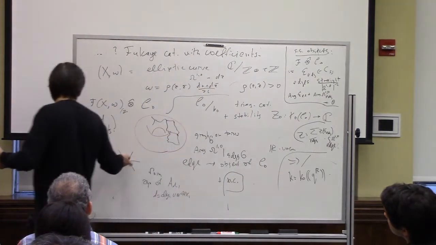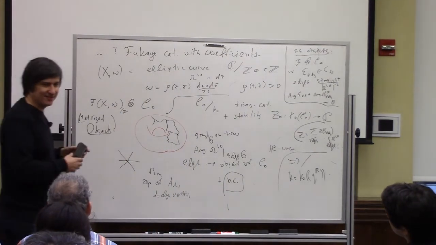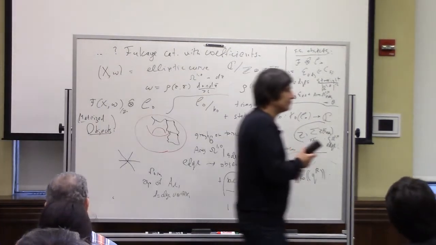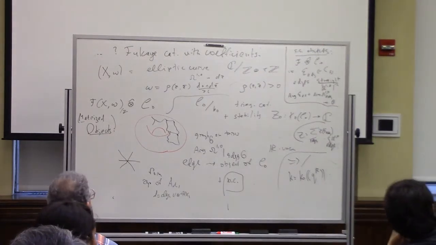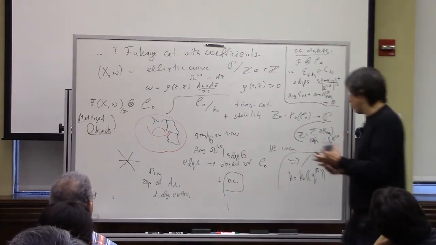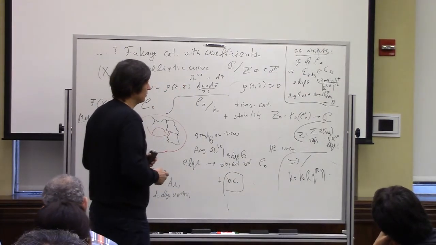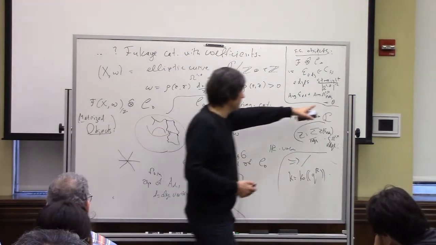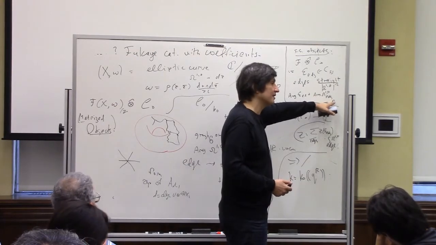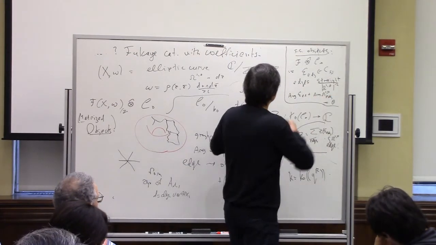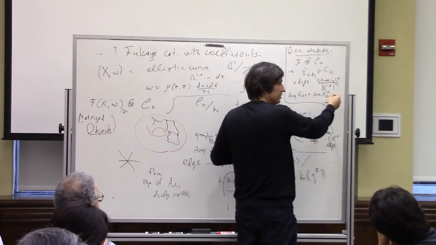So the central charge is some function of theta. No, the central charge is for the object. It depends on the object, but also on theta. For this object, the central charge will have argument theta. You can say the theta-semistable objects; it's a definition.